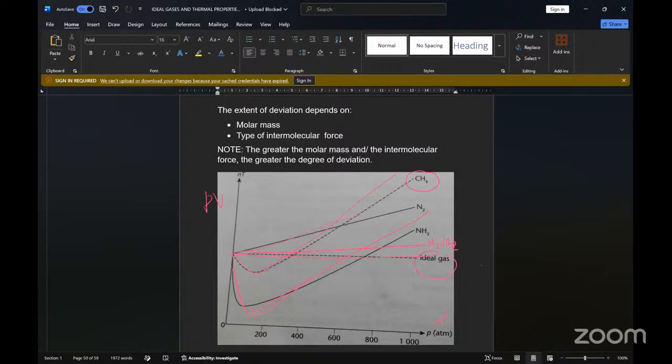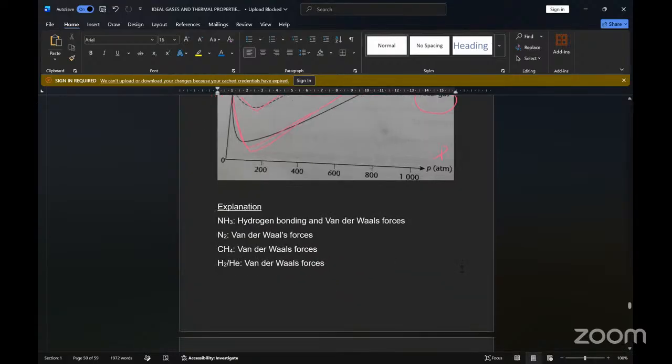So the extent of deviation depends on two factors, the molar mass and the strength of the intermolecular force. You start with the strength of the intermolecular force. The one with the strongest intermolecular force deviates far away from the ideal gas equation. So in the case of ammonia, I have written it here so that you see.